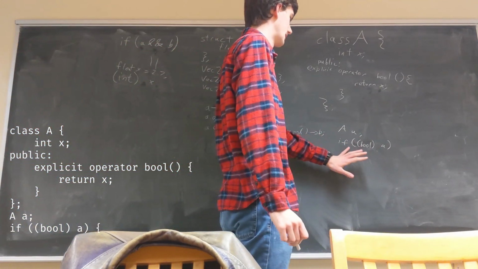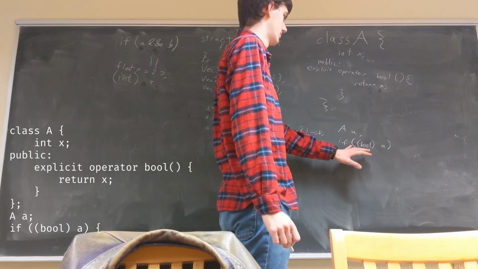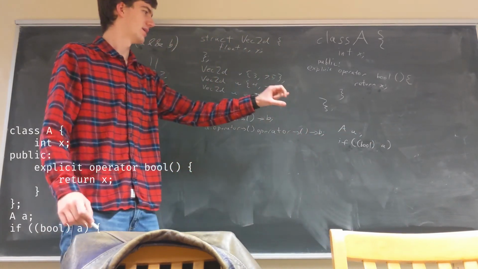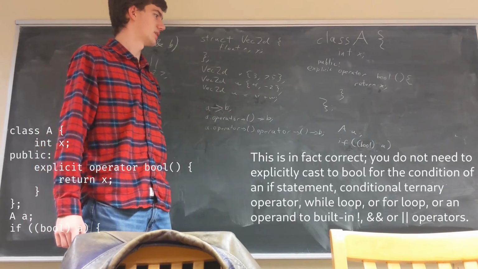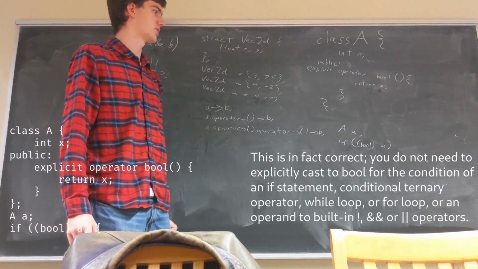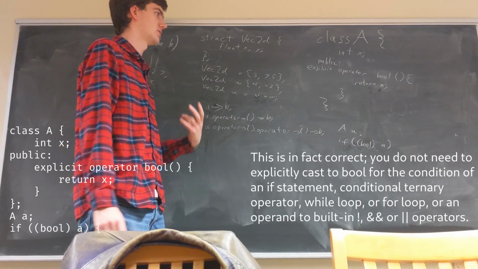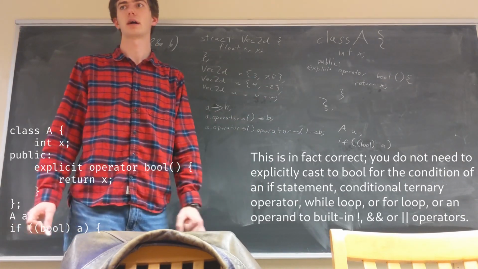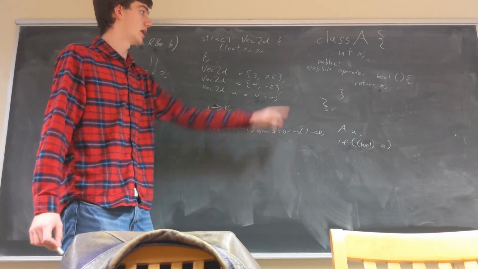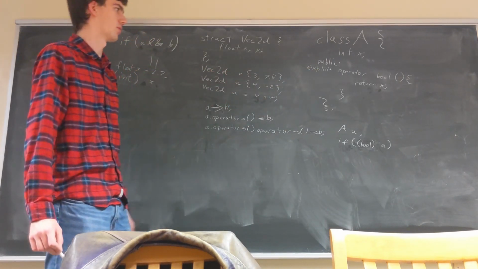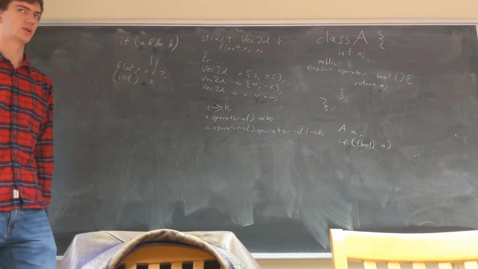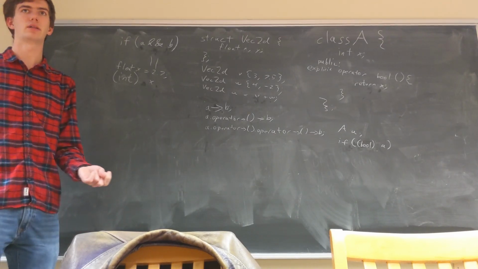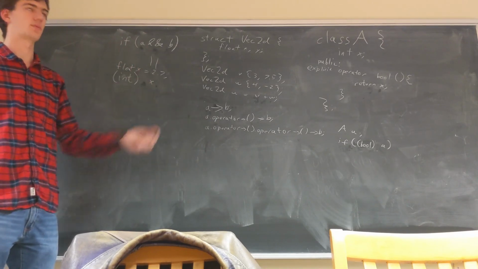I believe putting it in the parentheses of an if statement counts as explicitly casting to bool. Maybe wrong on that. I will have to double check. But in any other context, say if you were trying to pass it into a function that took bool as a parameter, in this case you would have to explicitly cast it to bool. And the explicit keyword also works for from conversions. So like for the single parameter constructor, if you don't want it to work as an implicit conversion, you prefix it with explicit.